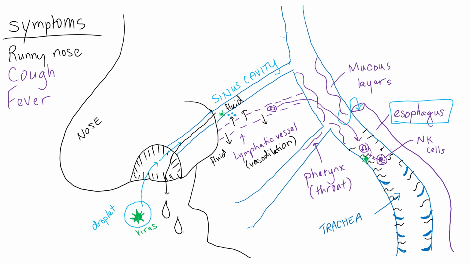However, if this is not enough, that is where the third line of defense comes in. If this is not efficient in eliminating the pathogen, then the immune system has to recruit third line of defense players. We don't want that virus to continue down the trachea. Please don't go down there, virus. Because if you do, it's going to lead to the lungs. We've talked about the lungs in a previous video, how vulnerable they are and how alveolar cells can become invaded by virus.